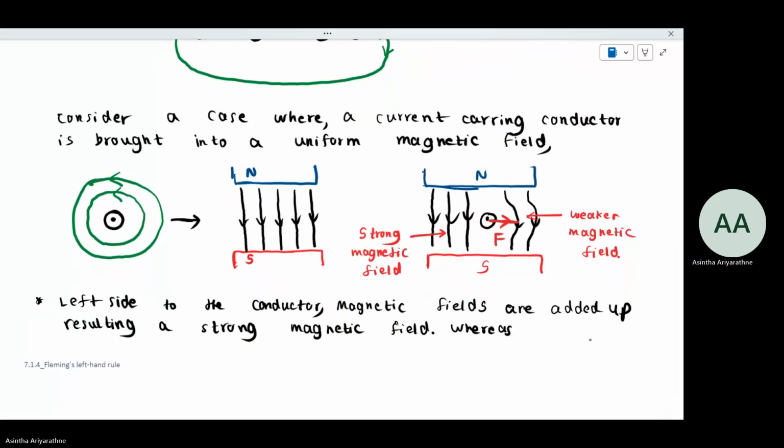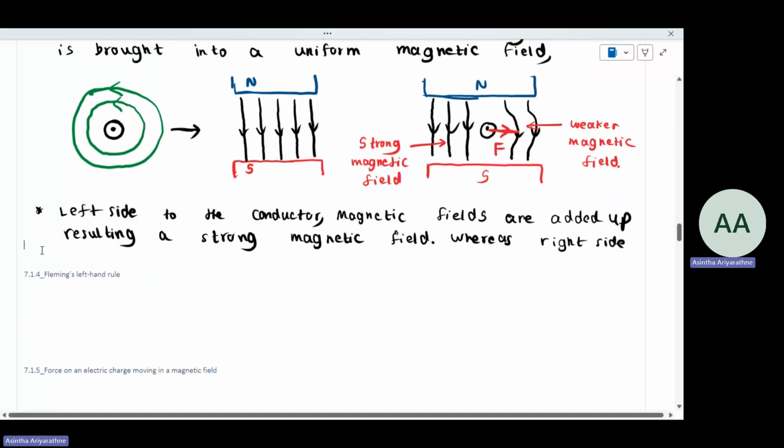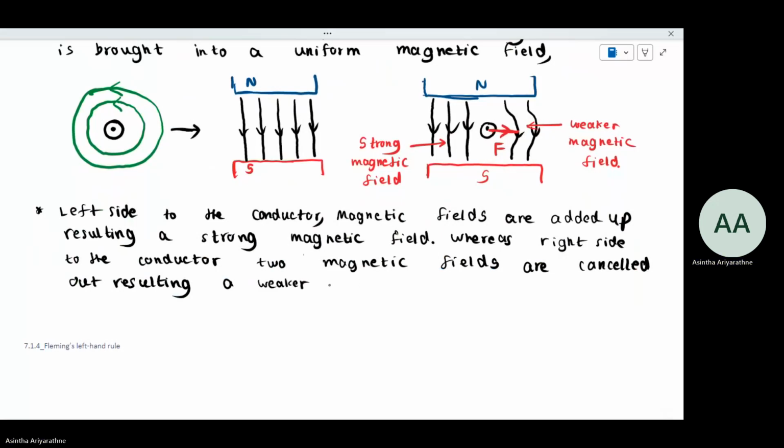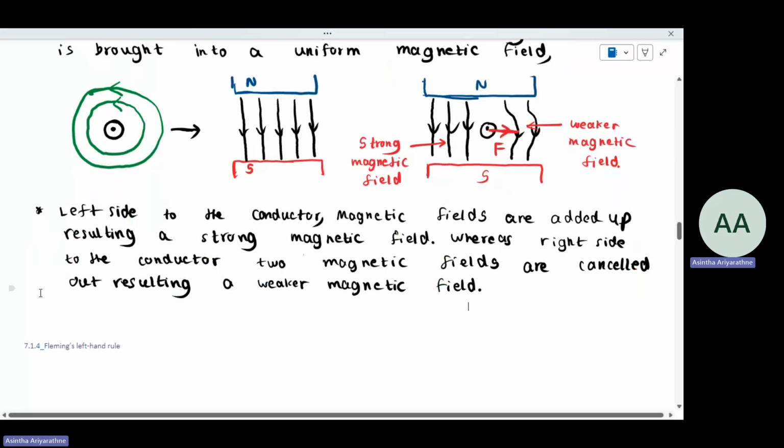Whereas on the right side of the conductor, the magnetic fields are cancelled out, resulting in a weaker magnetic field.